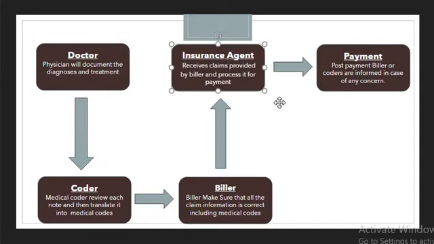Now if you compare this with RCM, if you are aware of RCM, although we have not covered it yet, RCM is a complete cycle. This is just a part, a bit of that process. It is not the complete cycle, because many other processes are included in this entire process of medical coding. There are multiple steps carried forward.